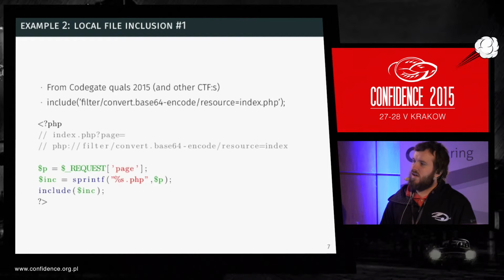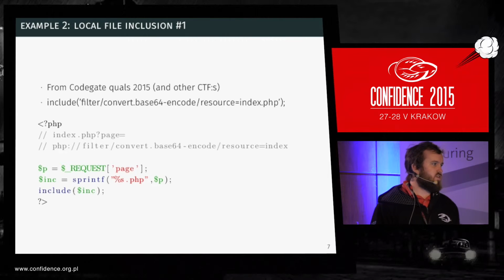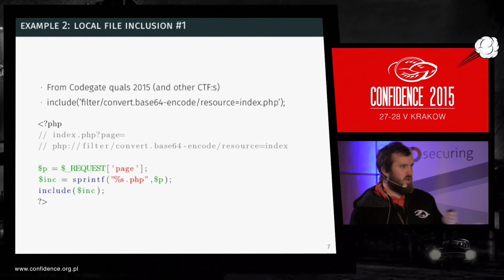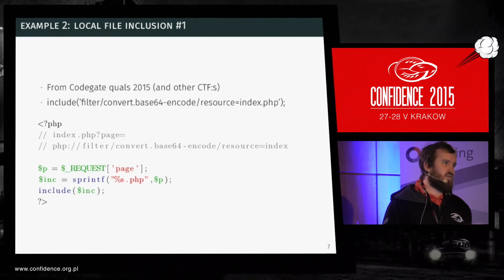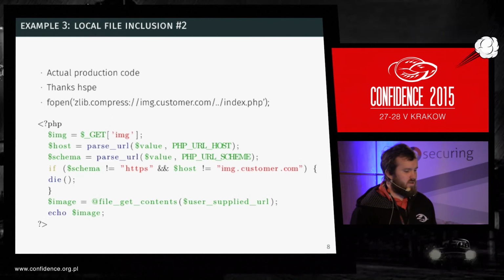We include it, and we get the whole index.php outputted as base64 encoding, since a base64 encoded text will not be evaluated by the PHP interpreter and is just passed on as output. Then we could do this for a few other pages, and then we had the full source code of the website, which made the next step much easier, which I will come back to in a later example.